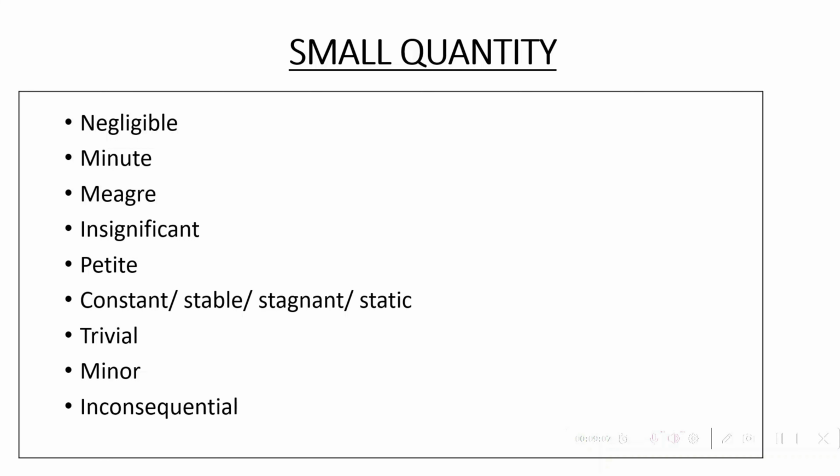These are all to show small quantity. Now, it did not change at all. So it remained quite constant, stable, stagnant, static. Or there was a very trivial change, minor, or the change was inconsequential. So all of this shows small quantity or no change at all.